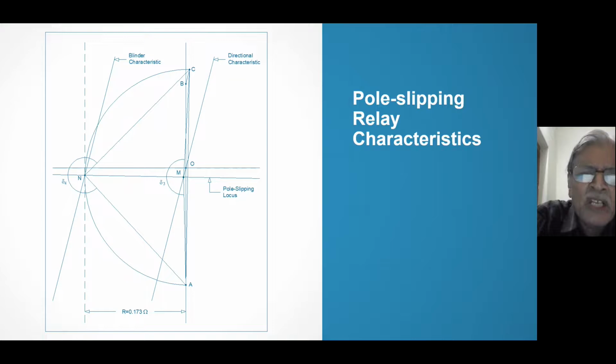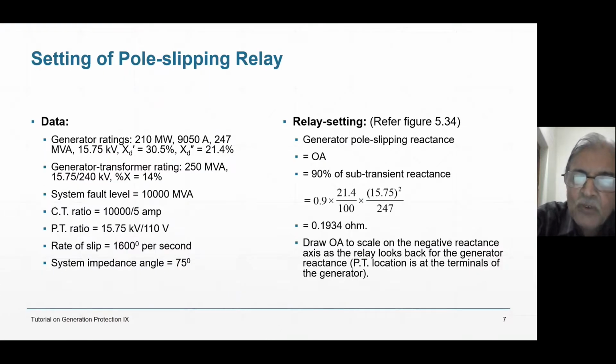Usually at 75 degrees, because 75 degrees happens to be the transmission line angle. So we will plot the directional characteristic passing through O at 75 degrees to the R axis. The X-axis is the resistance axis and the Y-axis is the reactance axis. So draw OA to scale and then plot the directional characteristic.